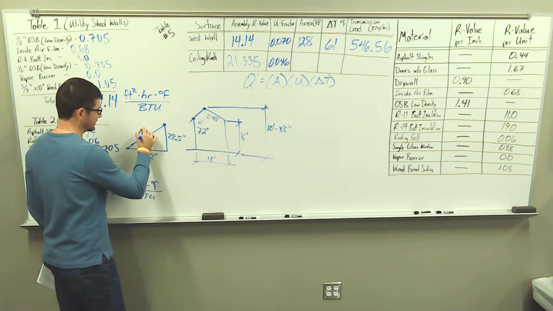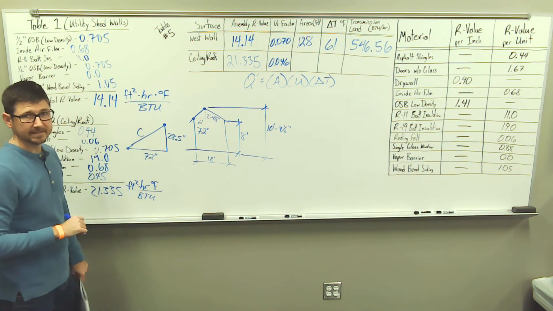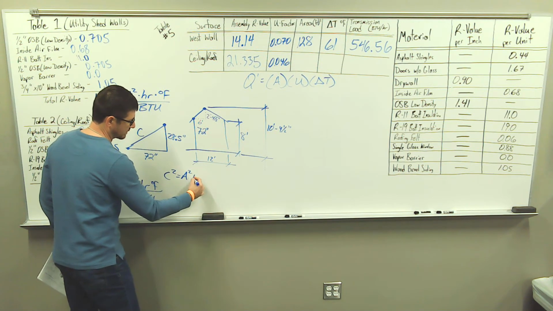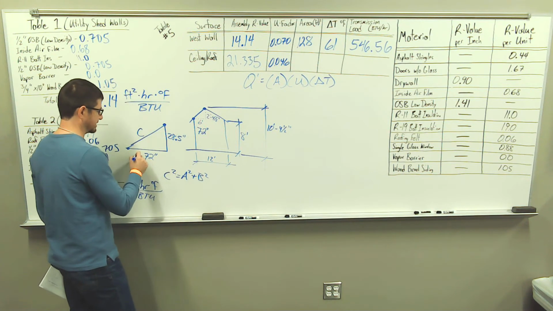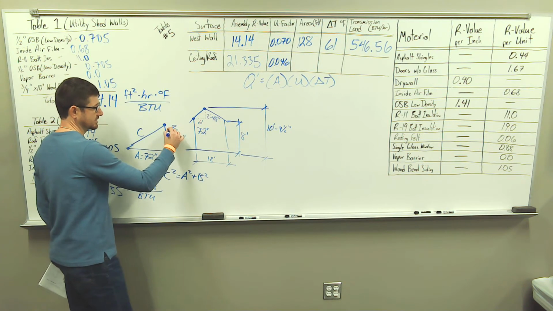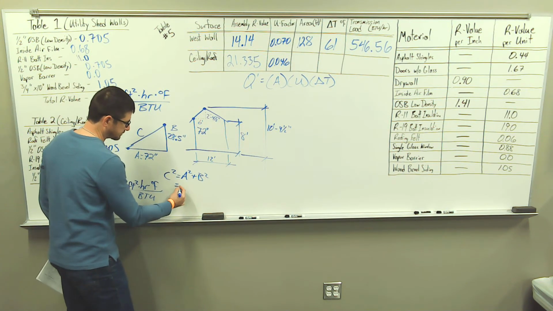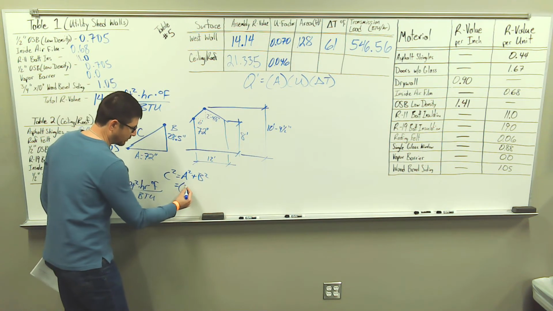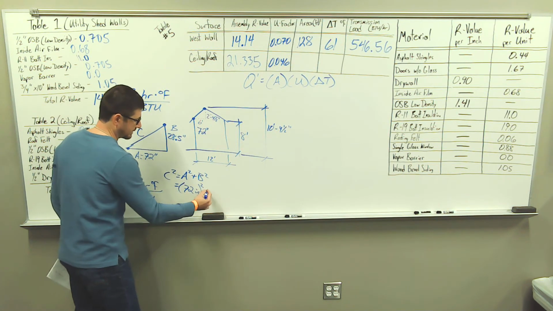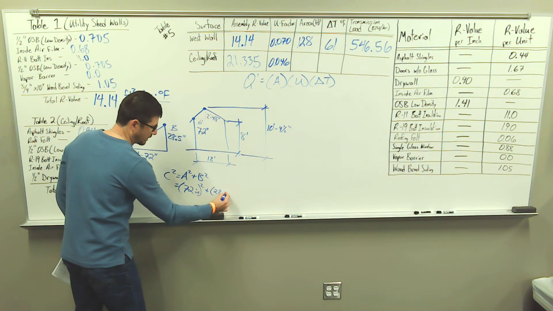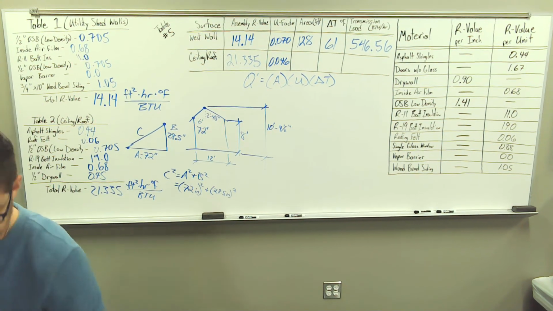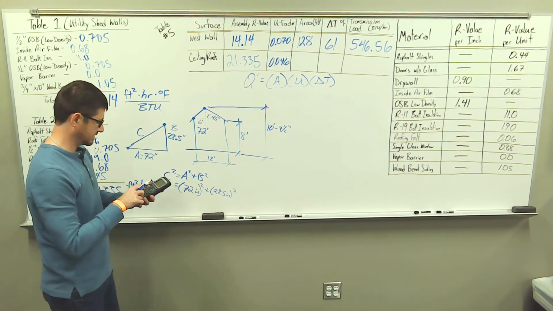I'll say this is side length C, so we know C squared equals A squared plus B squared. I'll just call this side A, and this side B. So for A, we have 72 inches, and we're going to square that, plus 28.5 inches, and we're going to square that. So let's get out our calculators.